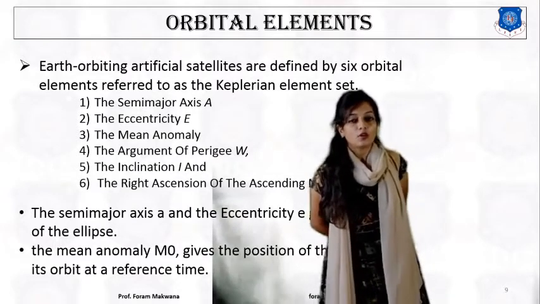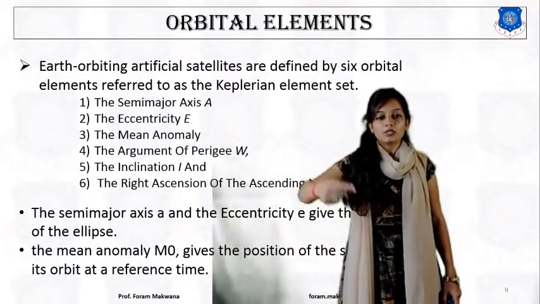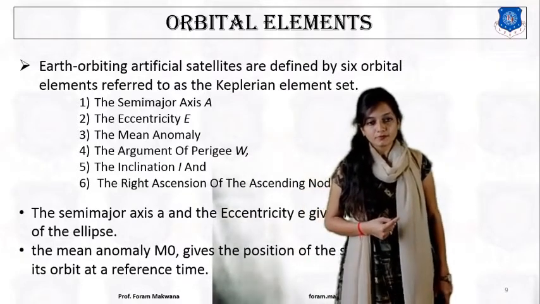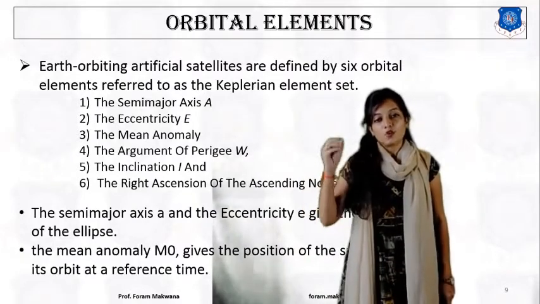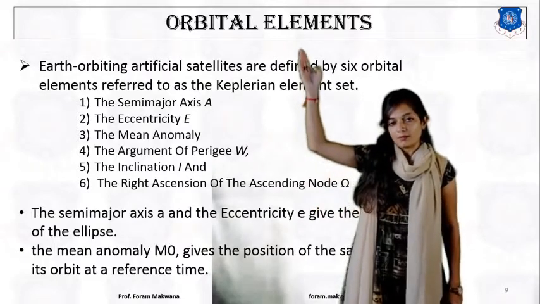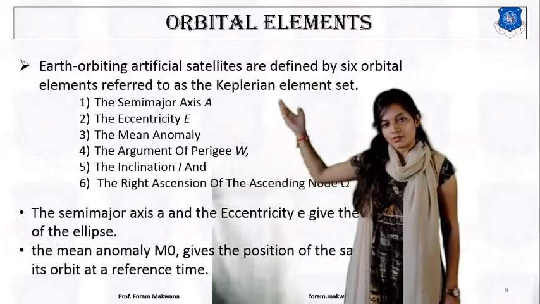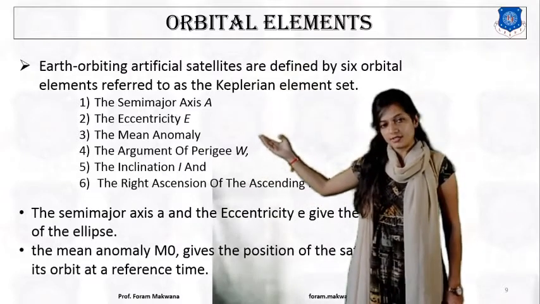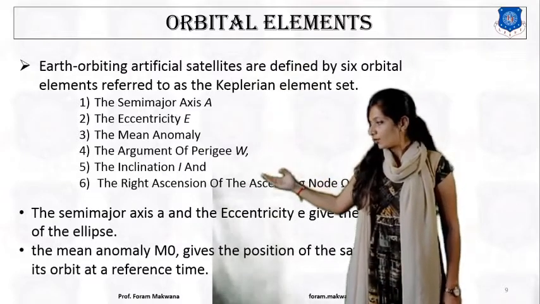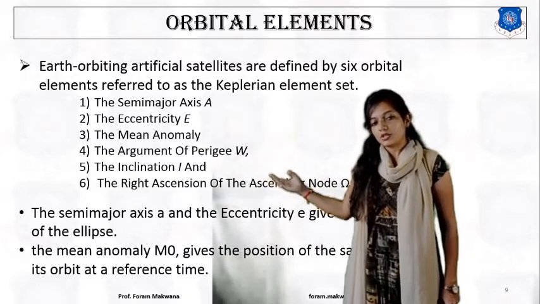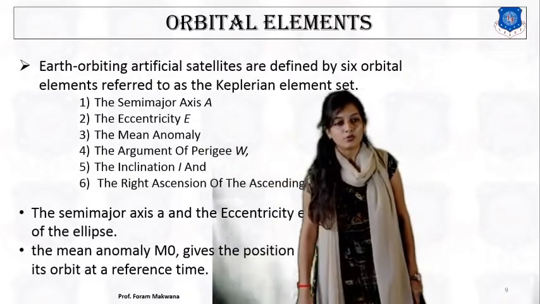That means for a rotation in the specific orbit. Alright, so for that we need to define the orbital elements. So total orbital elements are 6: semi-major axis, eccentricity, mean anomaly, argument of Perigee, inclination, and the right ascension of ascending node.